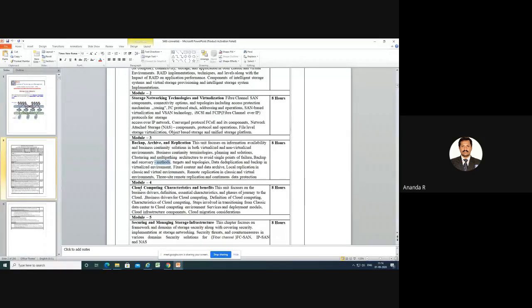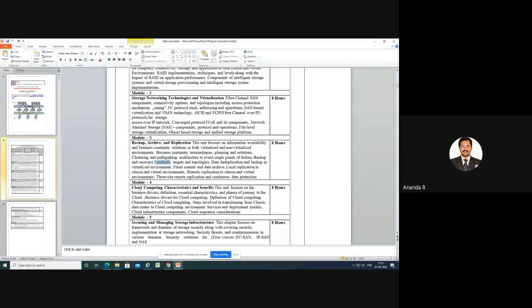Business drivers means what drives a business. That is our main focus in module number 4. After that, we also study the business drivers for cloud computing, the definition of cloud computing, the characteristics of cloud computing, the steps involved in a transition from a classic data center to the cloud computing environment, and service and deployment models.